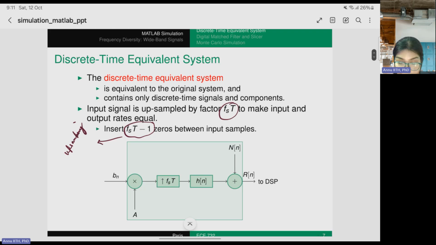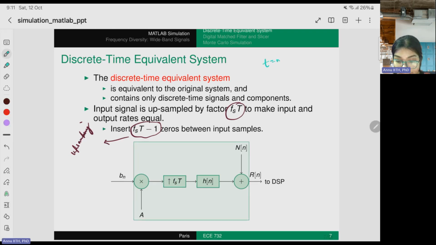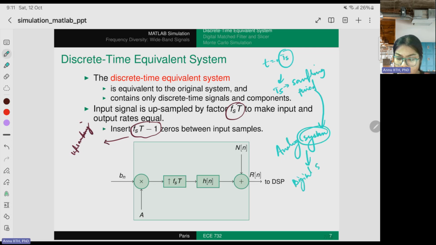And there were questions from this part, the discrete time equivalent system. Whenever you do t equals nTs, and Ts is the sampling period, in that case you are turning the analog system into a digital system. You remember that, and all your problems will be solved.